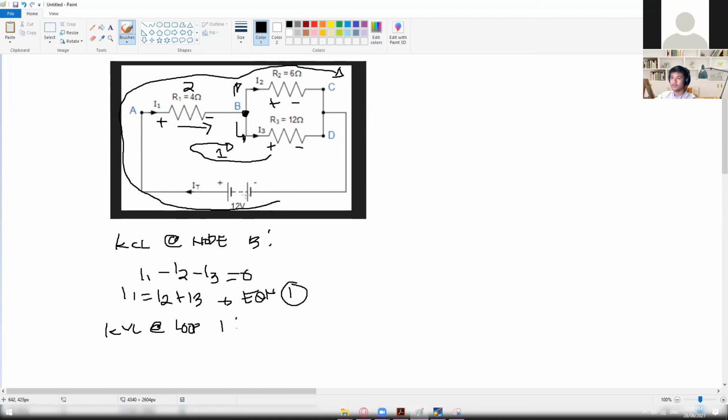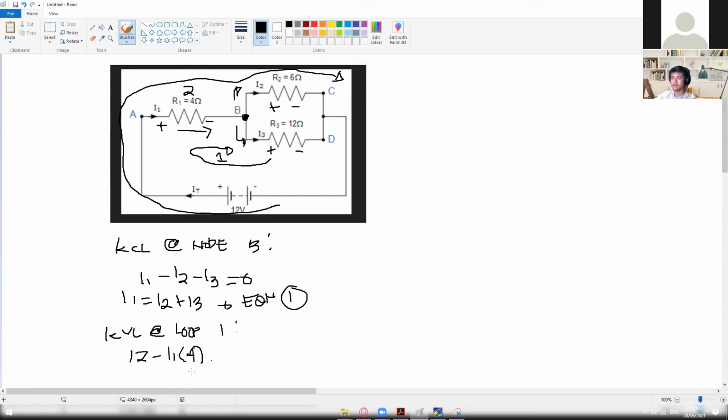So loop number 1, we have positive 12 volts going here, we have negative I1 times R1, and R1 is 4, I'll put the value here already so that we have a shorter equation. And then going from here to here, we now have negative I3 times R3, which is 12 ohms.